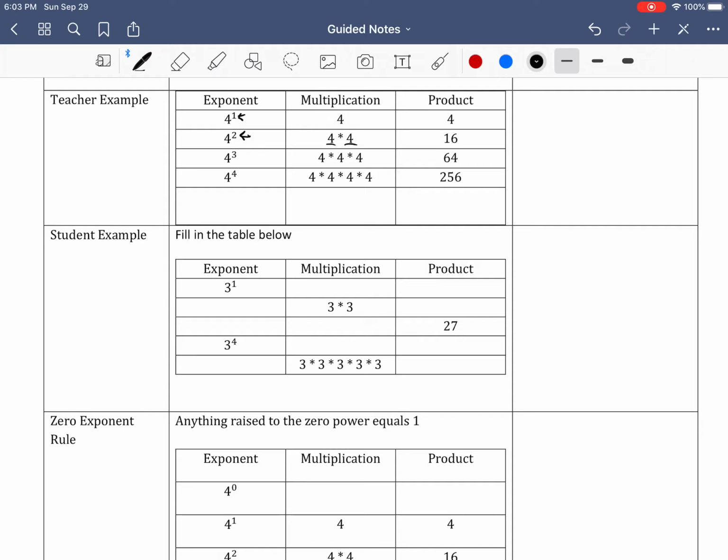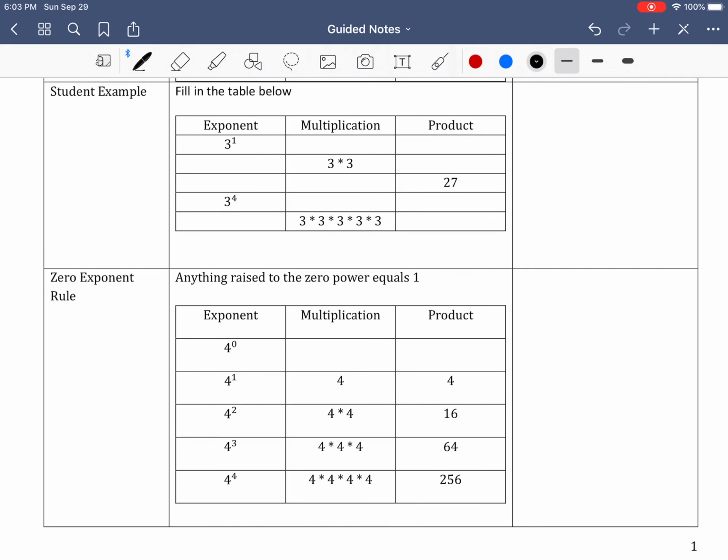And then 4 to the fourth power is 4 times 4 times 4 times 4, which gives us 256. So then 4 to the fifth power, 4 times 4 times 4 times 4 times 4, if we pull out your calculator, you end up with the number 1024. So take a second and fill out your student example.